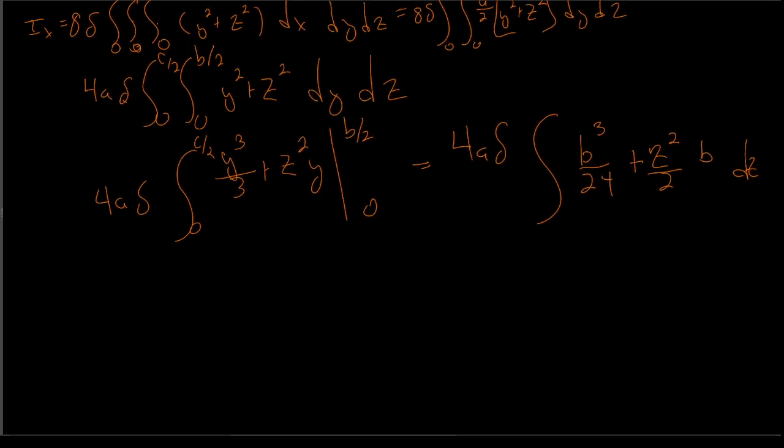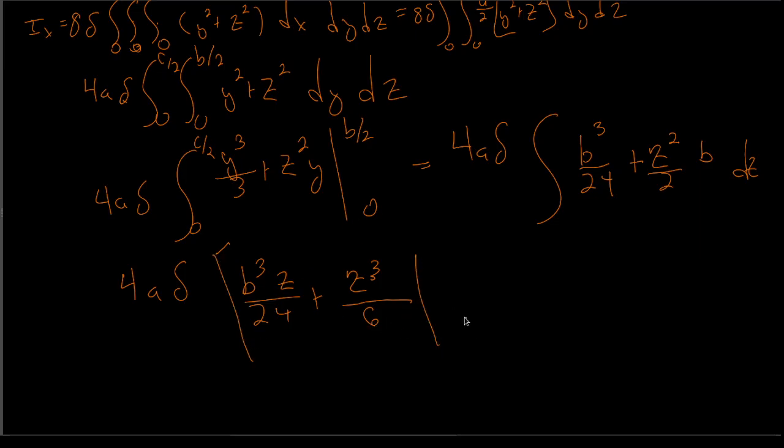And a little bit more cleanup here. For a delta, then in our last would be b cubed z over 24 plus z cubed over 6 evaluated from 0 to c over 2.